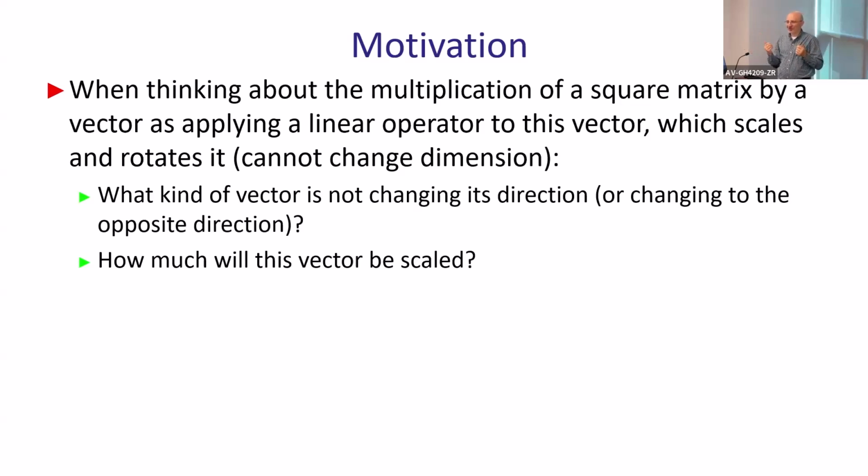Much easier, right? Yes. So you mentioned negative eigenvalues as going in the opposite direction, but doesn't that contradict the first statement, which says it's not changing its direction? By direction, in 2-dimensional or 3-dimensional spaces, negative direction is a different direction. But in linear algebra, it's kind of the same direction because it's sitting on the same line.